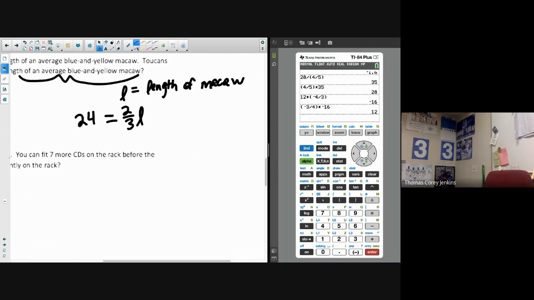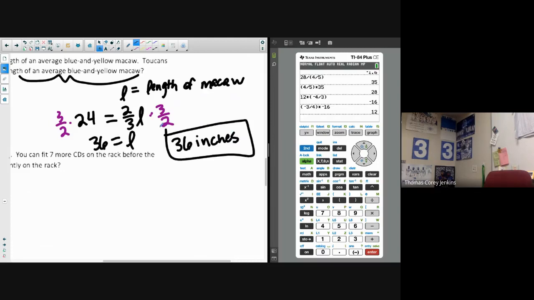So I am dividing by 2/3 on both sides, also known as multiplying by 3/2 on both sides. So 24 times 3/2 is 36. And remember, you can just use your calculator to get that number. So 36 equals L. On a word problem, you always want to finalize there. Remember, that's 36 inches. So our final answer would be 36 inches.